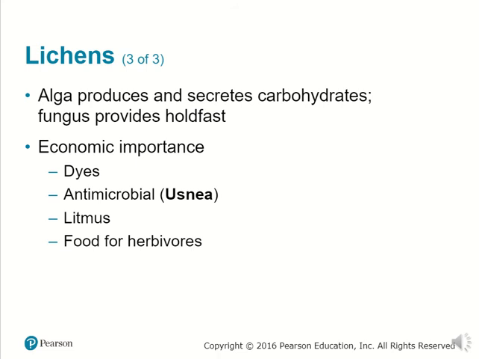In this situation, the alga units or colonies will produce and secrete carbohydrates, which the fungus will enjoy, and the fungus will in turn provide a holdfast, or essentially a safe location for the alga to stay. As far as economic importance, lichens can provide uses in dyes, antimicrobial uses, litmus, and also food for herbivores.